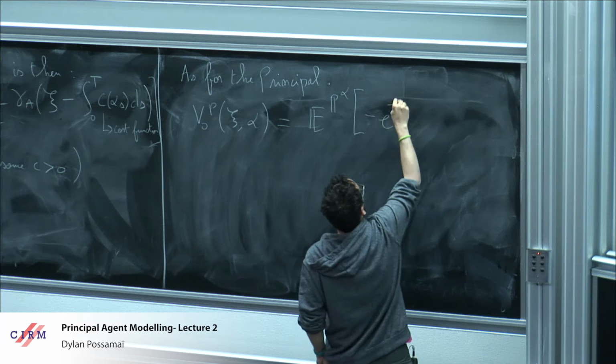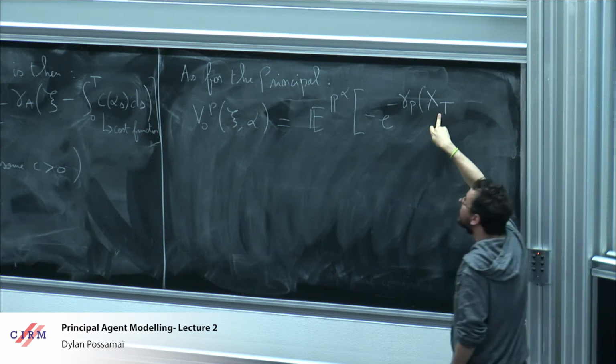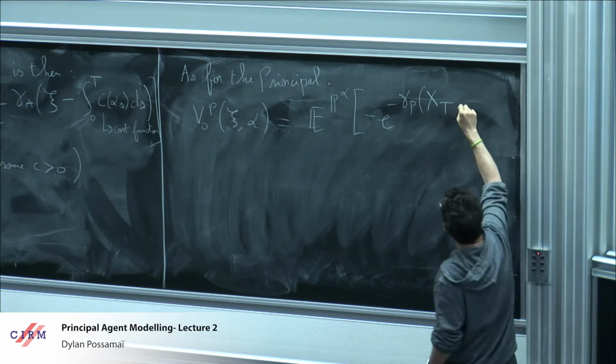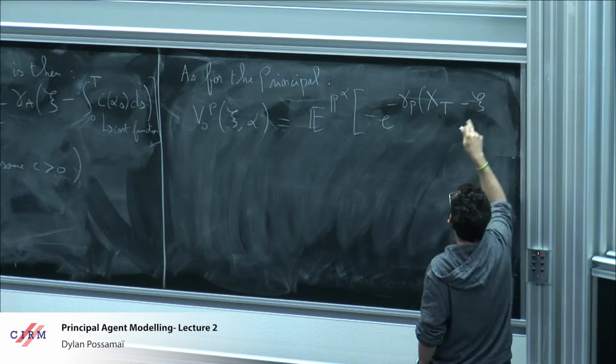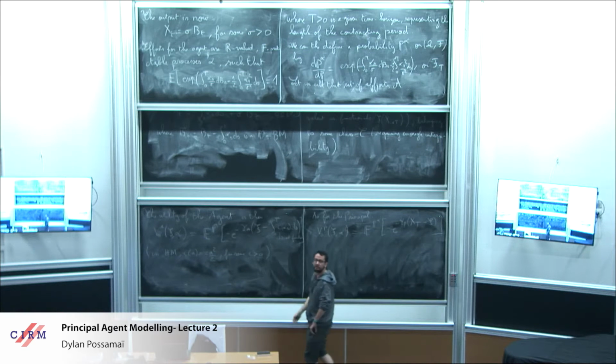So minus gamma P. Now I'm assuming that he gets the value of the output at the end of the contract minus the salary that he has to pay at the end of the contract as well. So that's really just translating in continuous time what we did this morning.